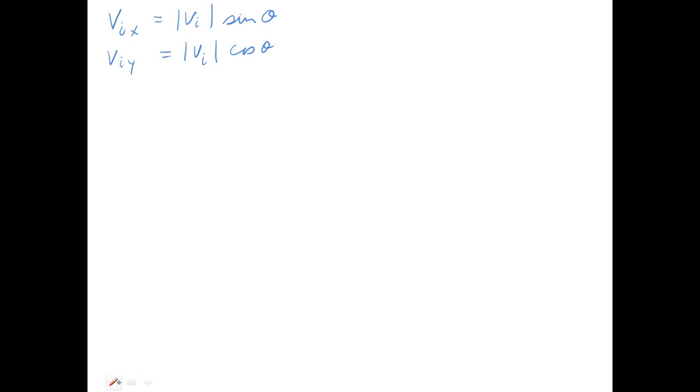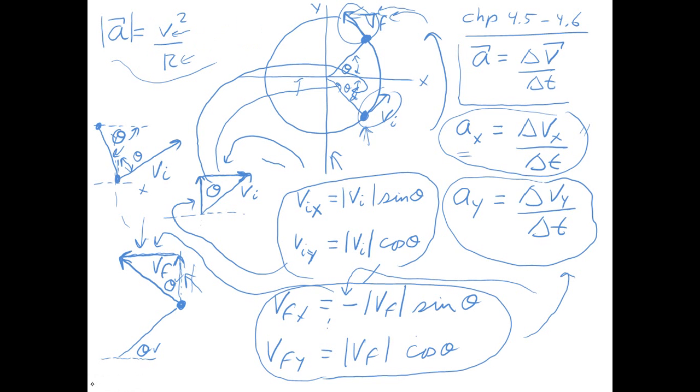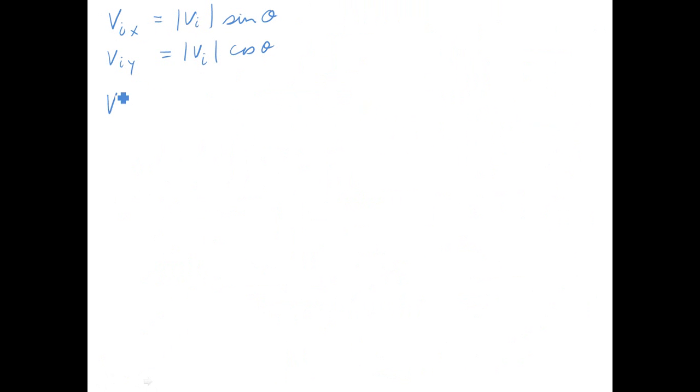And just see, did I do that right? They look like they're okay. And then we do the other ones. V final x is equal to minus V final sine theta, and V final y equals V final magnitude cos theta.